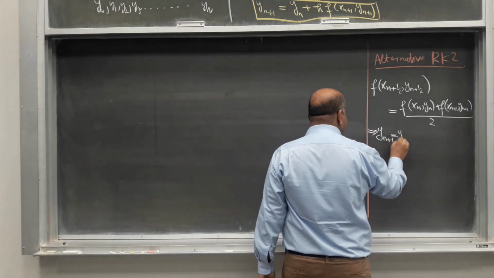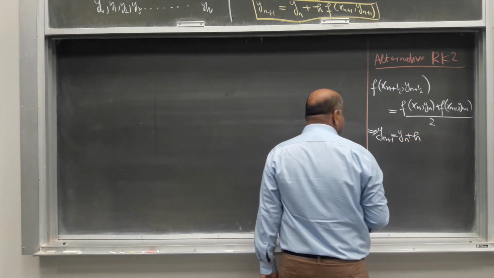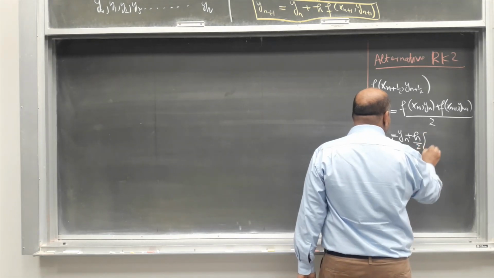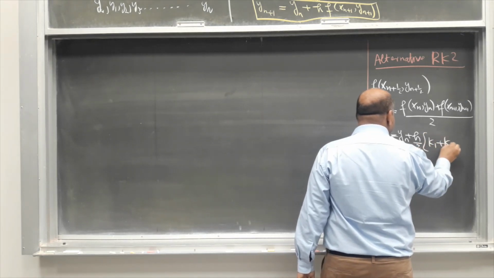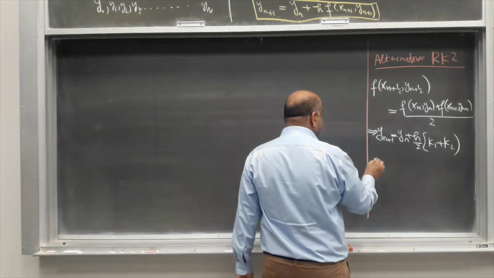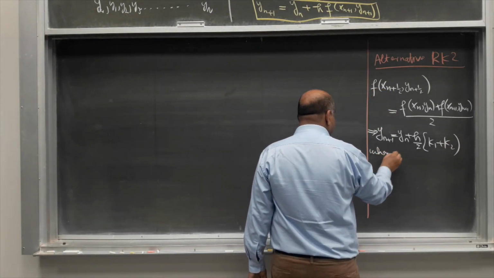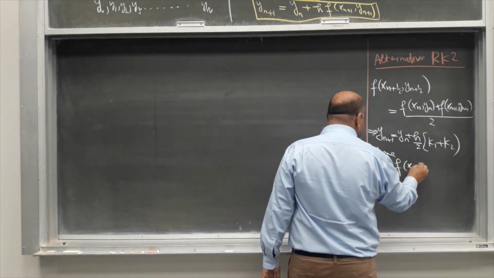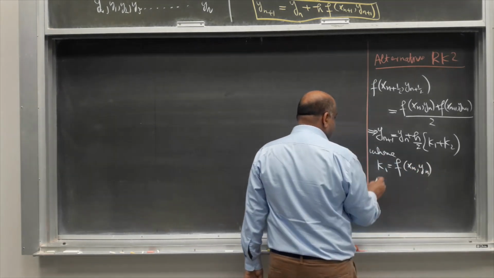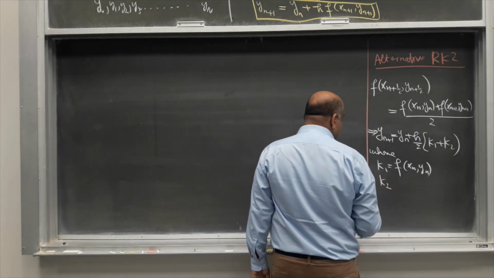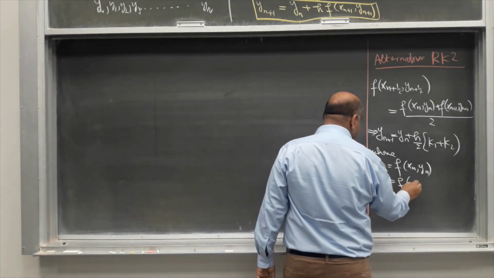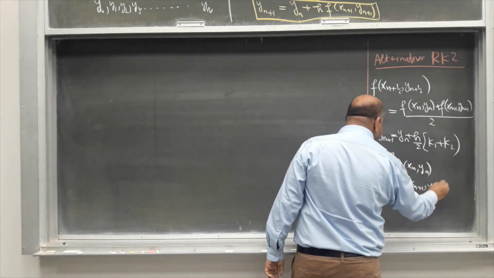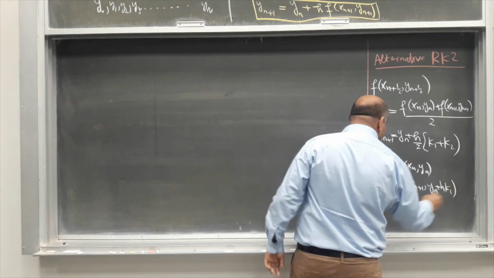Which means that our yn plus 1 is yn plus h by 2 times k1 plus k2, where our k1 is f of xn, yn, and our k2 is f of xn plus 1, yn plus h k1.